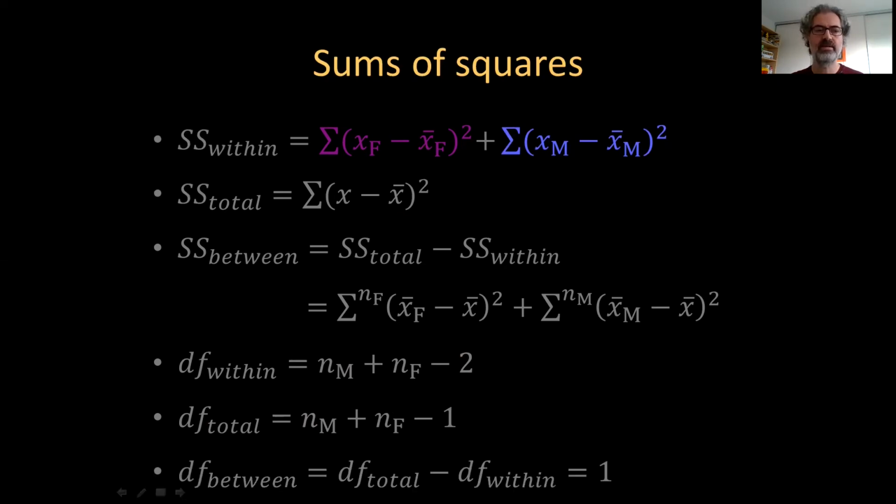So the sum of squares between has 1 degree of freedom. And that you can think of as the difference between the total degrees of freedom and the within. The number of degrees of freedom cannot exceed the total. So we split the degrees of freedom, as we also split the sum of squares, into within and between. So this is one way to think about it.